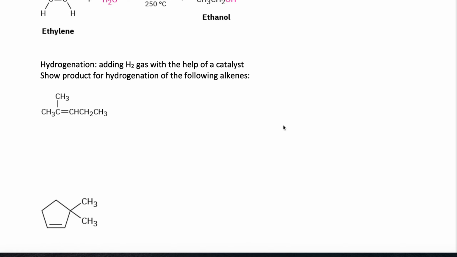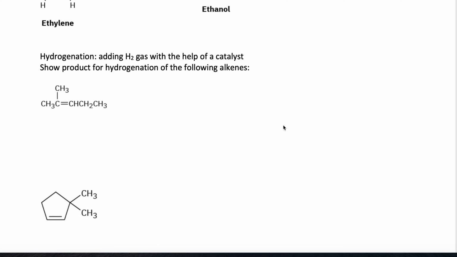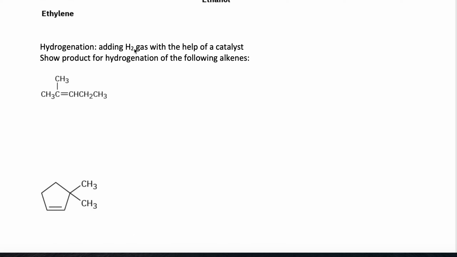Well, the third reaction is adding hydrogen gas, meaning two hydrogen atoms. So when you add two hydrogen atoms, this carbon right here, instead of C, it becomes CH.